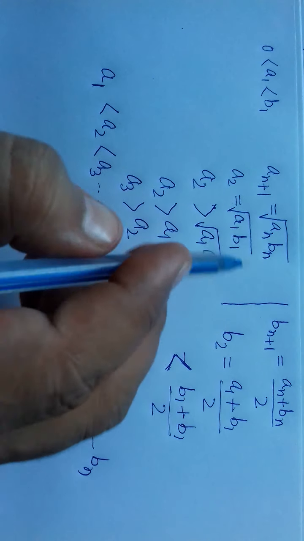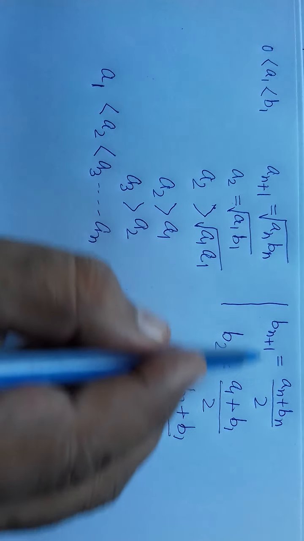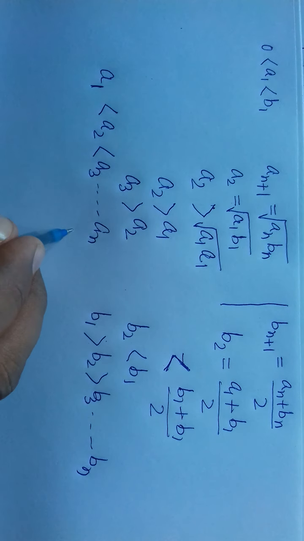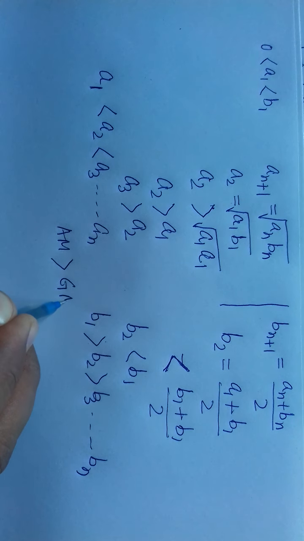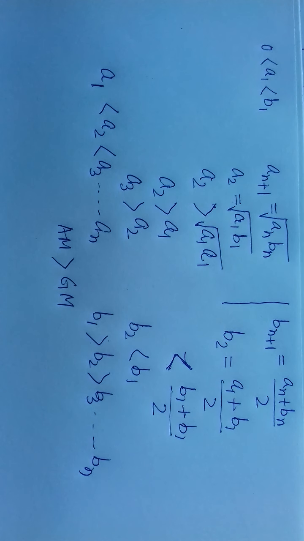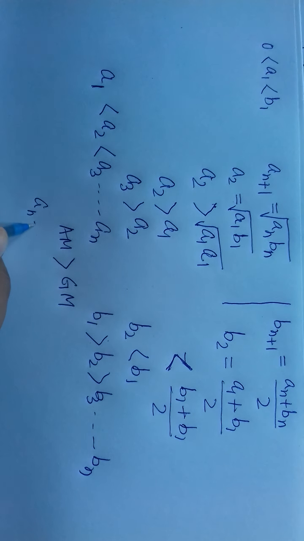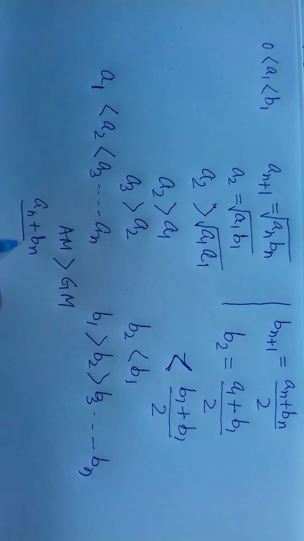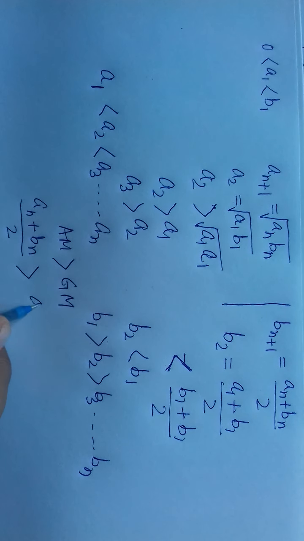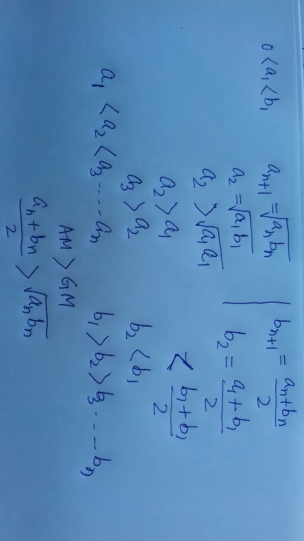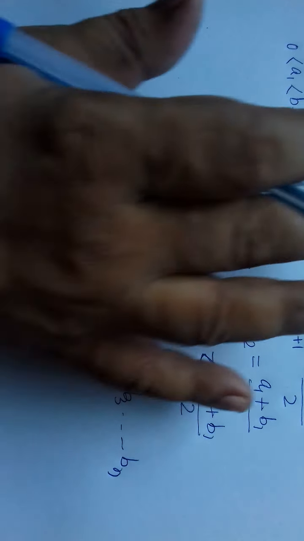Now see these two. We know that AM is always greater than GM for two different positive numbers. So (an plus bn) by 2 will be greater than root of an bn, because an and bn are two different positive numbers.